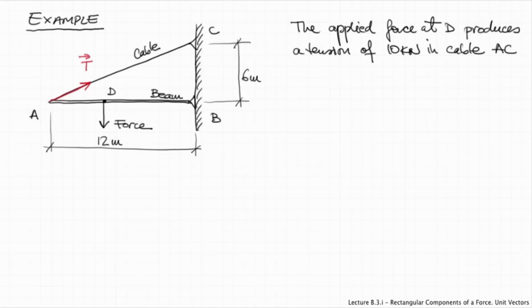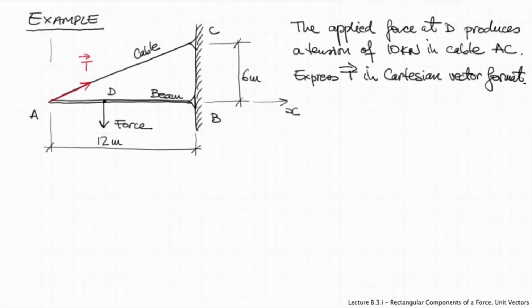What the question requires is to express vector T in Cartesian vector format, in other words, in terms of unit vectors i and j this time. There's no k because the problem is in 2 dimensions.